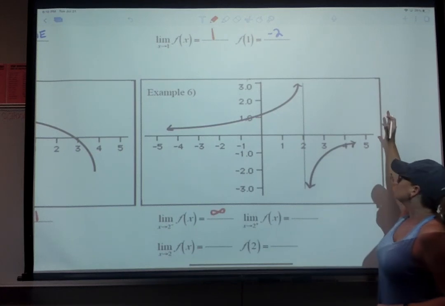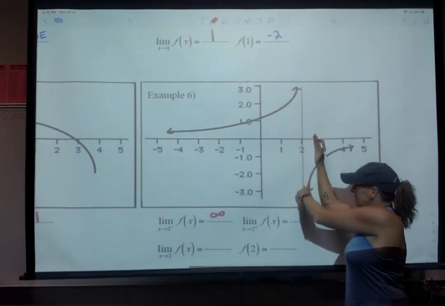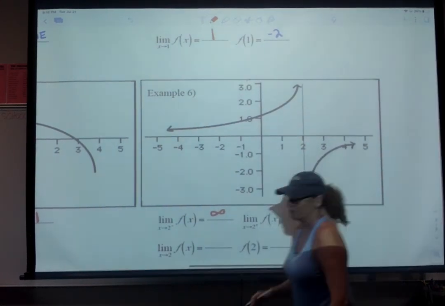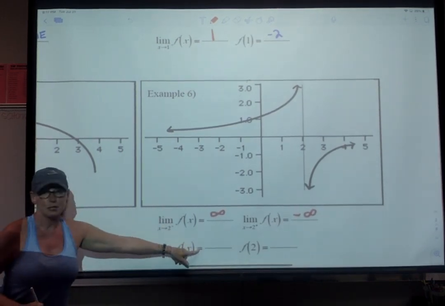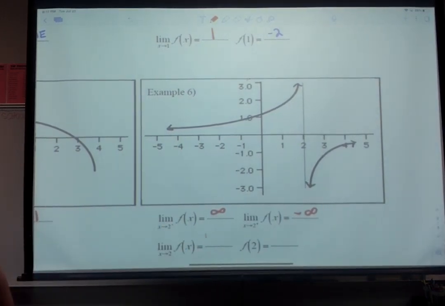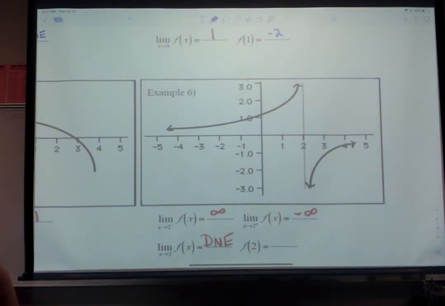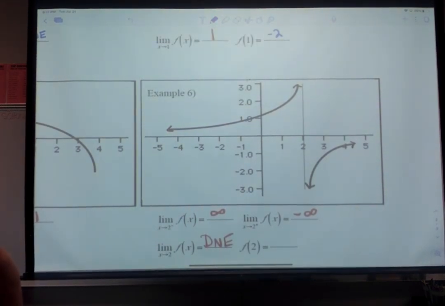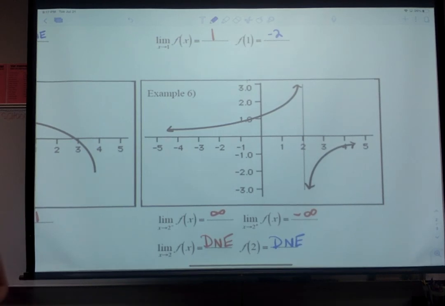So I'm on the right of 2. I'm working my way back in toward 2. Look where the y's are headed. Negative infinity. Do they match? No. And just for fun, function value at 2, there is none. Okay, that's a wrap for day 1.